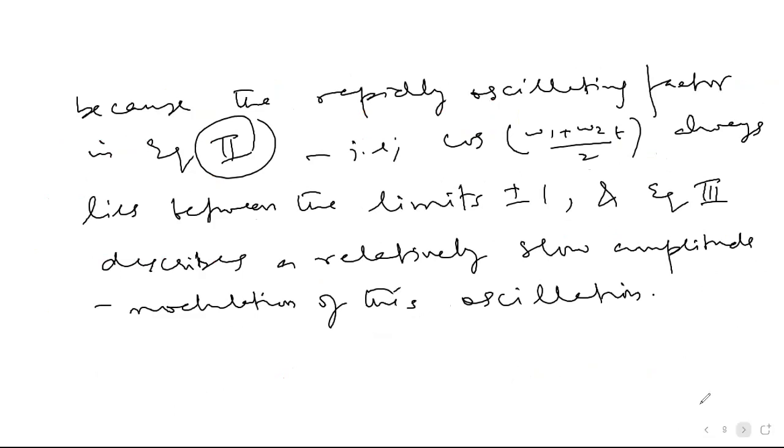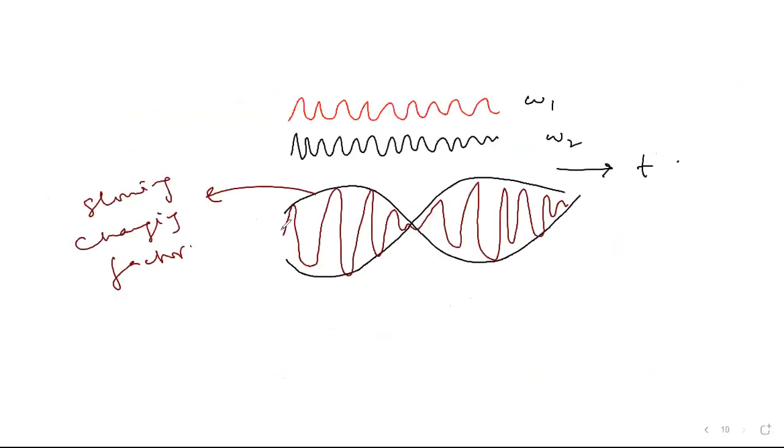The amplitude of the resultant vibration is changing slowly, and this envelope defines that slowly changing factor. But the vibration itself is fast, its frequency is the arithmetic mean of omega 1 and omega 2, right?